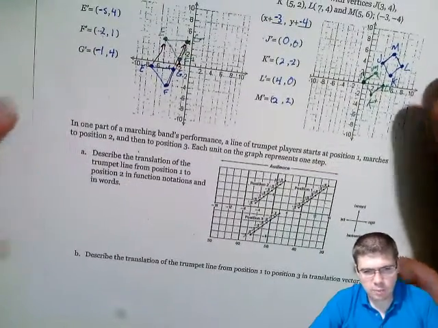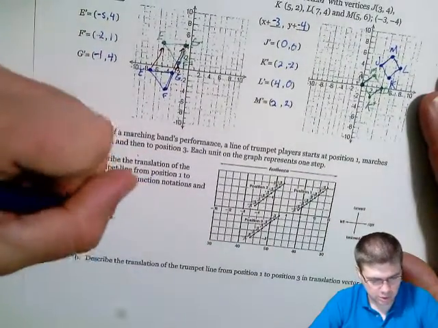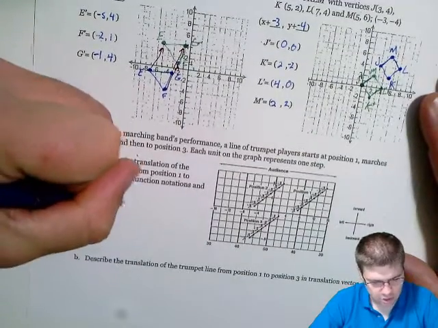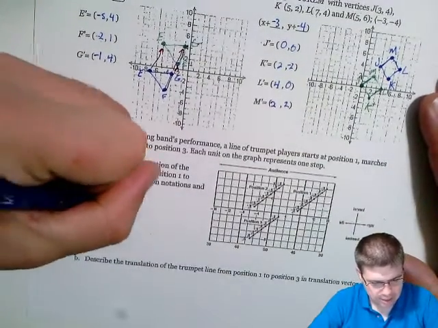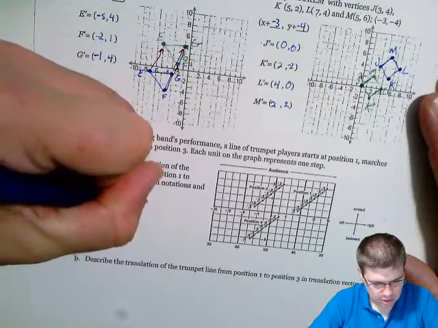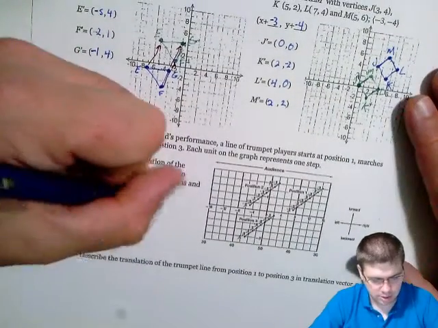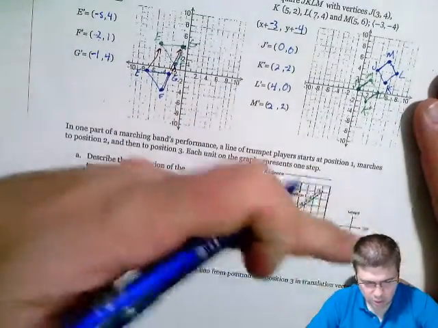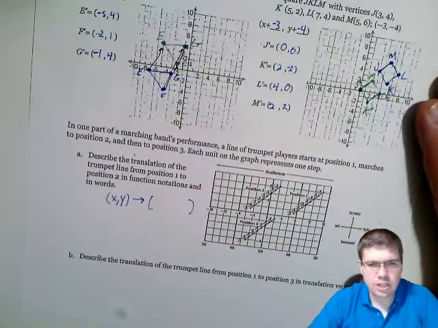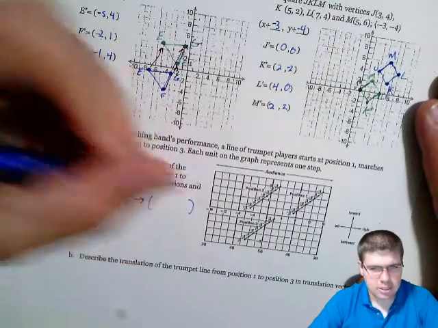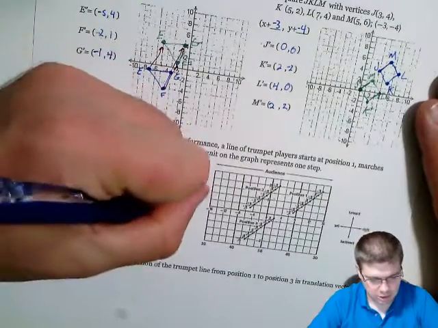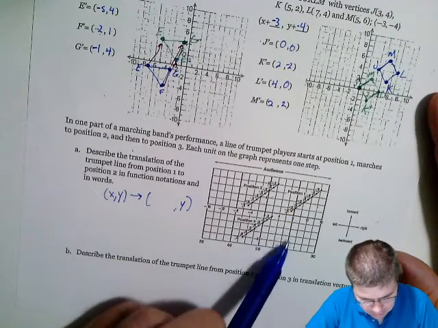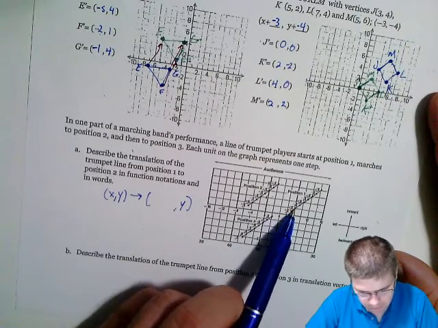In function notation, we're going to use the coordinates. We're going to take x, y, and see what happened to x and y. What are the operations that happened to each of those? Well, the y coordinate didn't change at all, so that part's easy. We can go with y is what it was before. But x, we can see here, this point at that intersection is a pretty nice one.